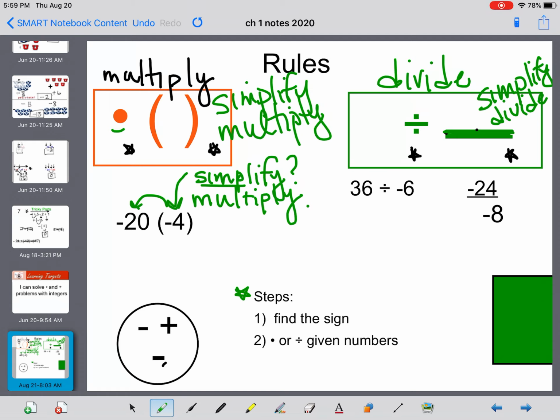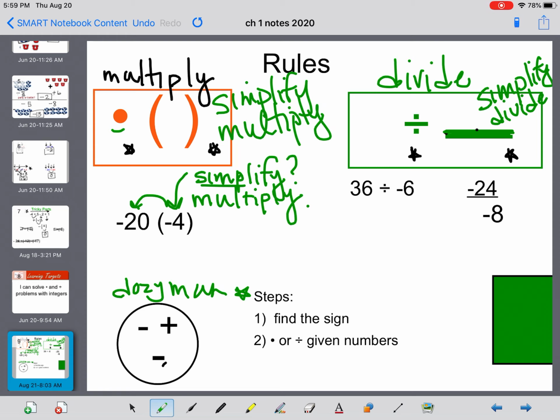The way that I do that is the answer is always going to be positive, unless... I like to call this guy my dozy man. He's my rule, okay? You could call him dozy man, or winking man, but you can see this face down here. He's telling me my rule for multiplication and division.